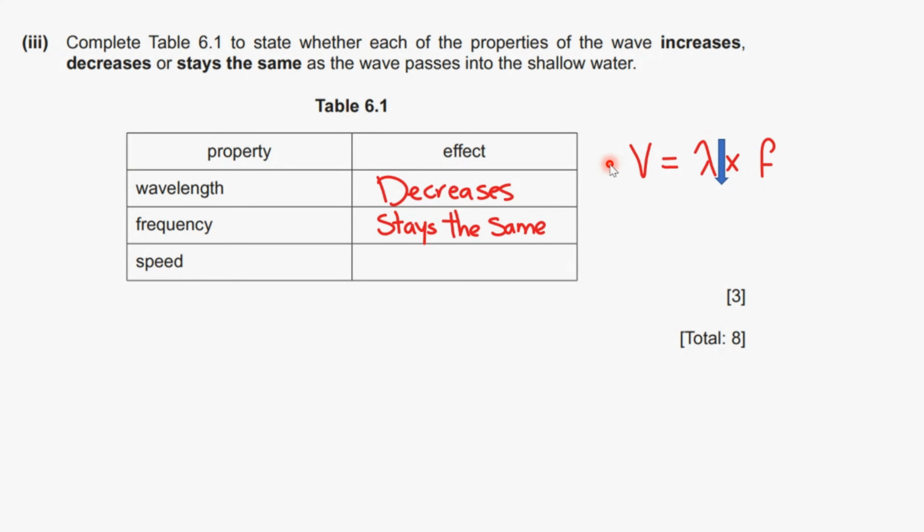The third point: in any mathematical calculation, if one factor changes and the second one is constant, the third one must be affected. Since the wavelength changes, it is the velocity, so the speed of the wave decreases, and we get 3 marks: 1 mark for the wavelength, the second for the frequency, and the third for the speed.